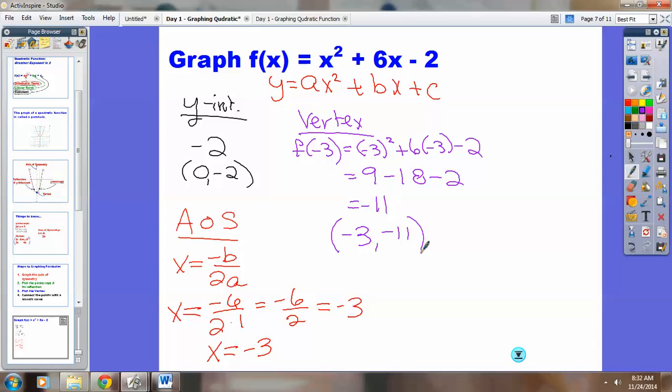Alright, at this point, we're ready to graph. We're going to need to put each of these three things on our graph, and it really doesn't matter which one you do first. You guys have a graph already set up.